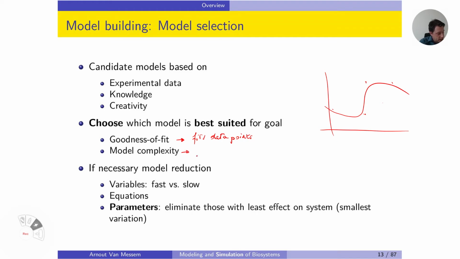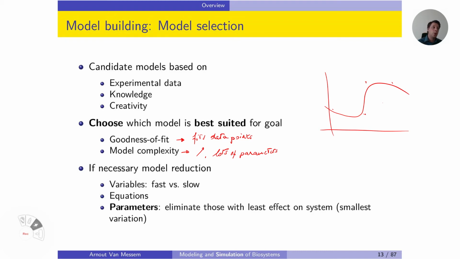If complexity increases, you will usually have lots of parameters, and you will have to estimate all those parameters. The more parameters you have in a model, the less accurate each of the estimates becomes, because you only have your data set that you can use. So the more you have to estimate with the same data set, the less accurate your estimates will be.